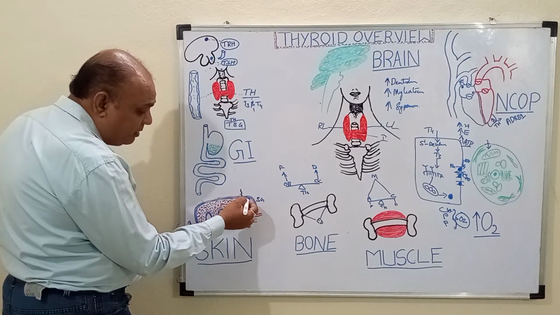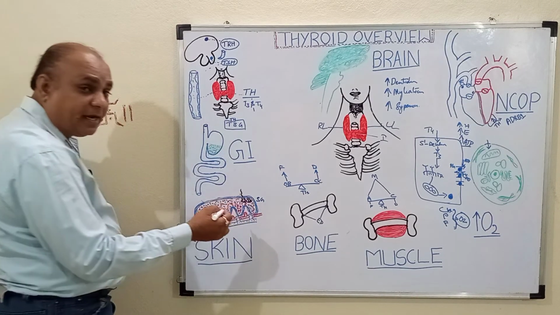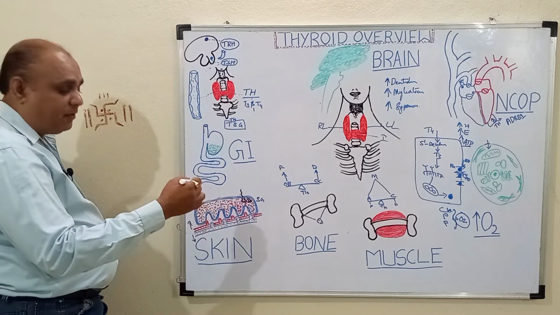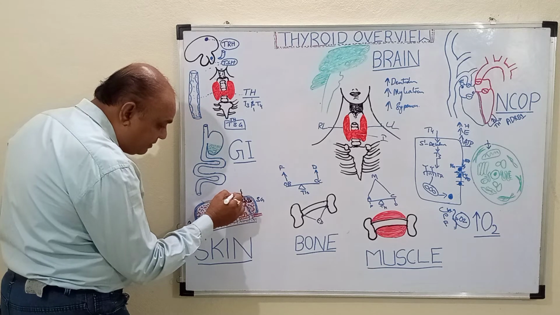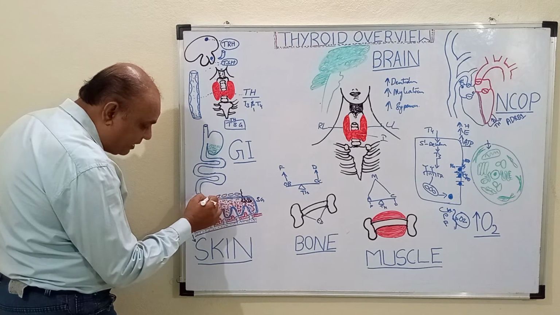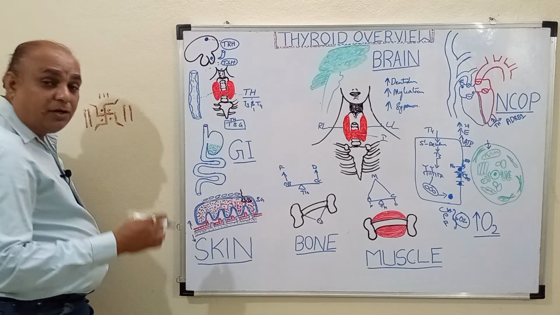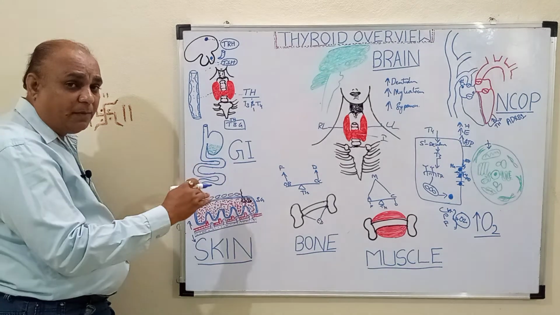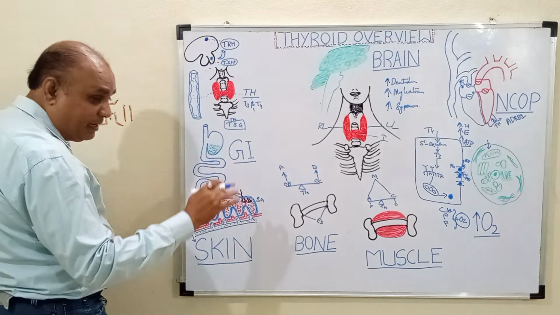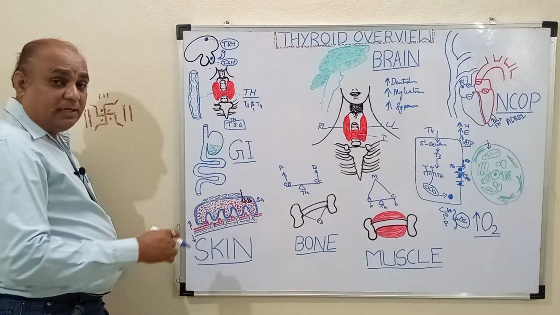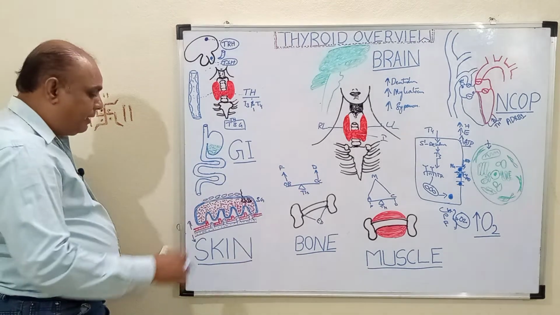Eccrine glands open directly on the surface of the skin. Apocrine glands open in the hair follicles. These glands generate sweat on the surface of the skin to bring the body back to normal temperature. In this way, the thyroid hormone hydrates the skin.